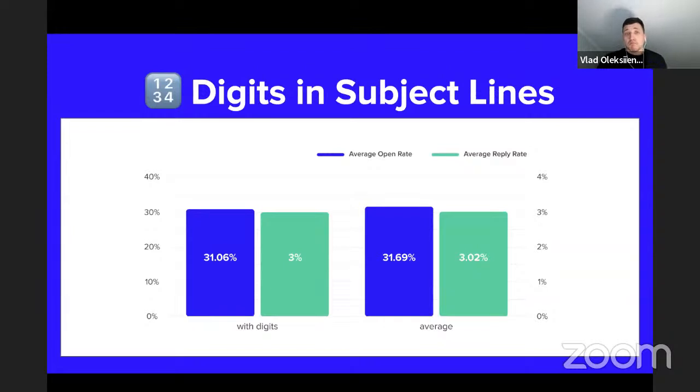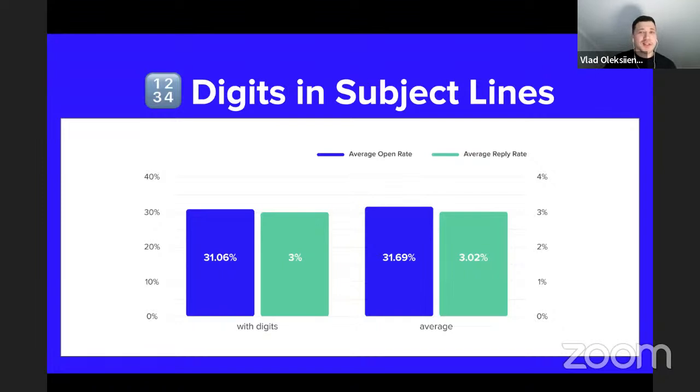Also, digits in subject lines. As we can see, there is no difference. I've always been thinking that, okay, if I use numbers, because we perceive numbers as social proof, right? We think that numbers will show that we know something.